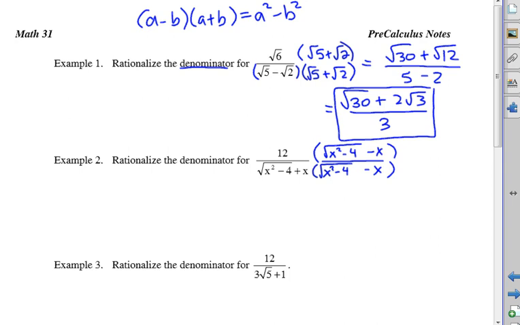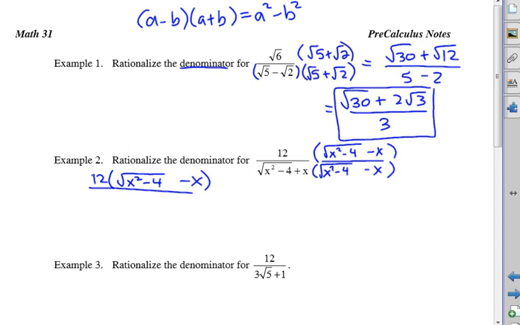Let's just write the conjugate pair. Let's expand this now. So 12 root x, we can even leave it in factored form. Root x squared minus 4 minus x.